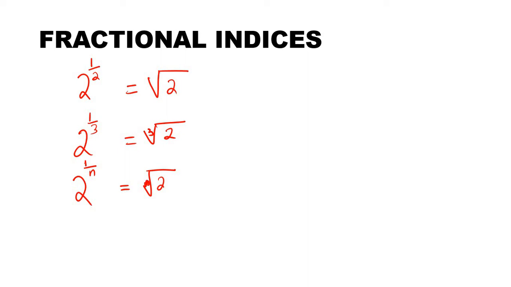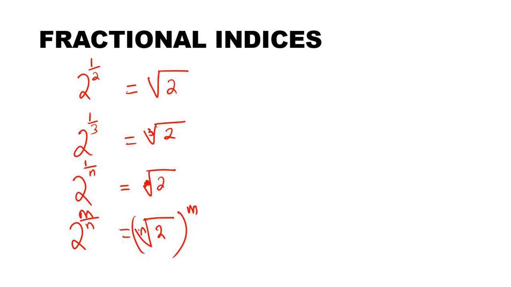Is that clear? So if I have 2 raised to power m over n. So the denominator is the root, while the numerator is the power. So I'm going to have it this way. Okay. The nth root of 2 all raised to power m. Okay. Just take note of this.